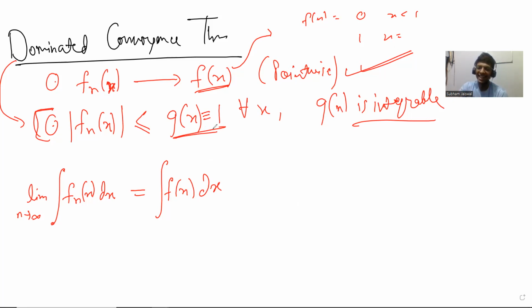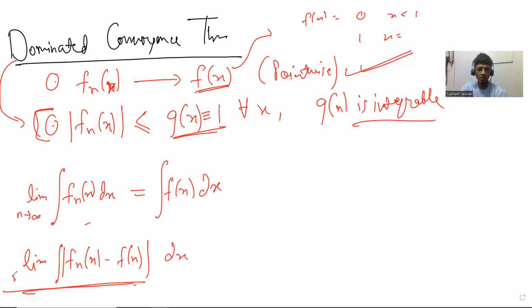In fact, more is true. This is not the old thing. In fact, this is true, and this is stronger. You can try to prove this, again from the basic algebra, from the properties of integral.